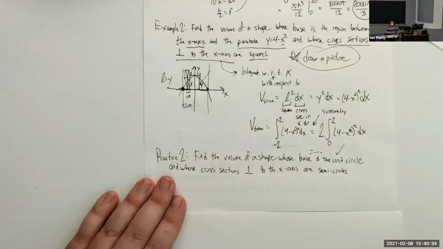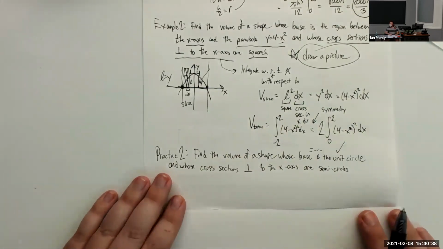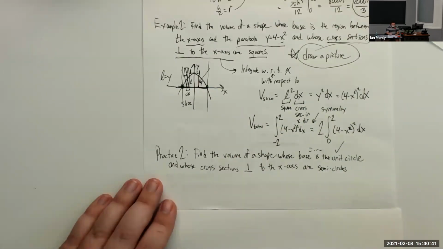So remember, the formula for the area of a semicircle is simply 1/2 the area of a regular circle. All right, so I want you to find the volume of this thing.